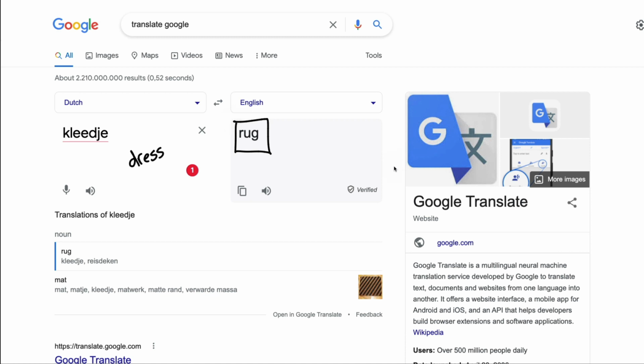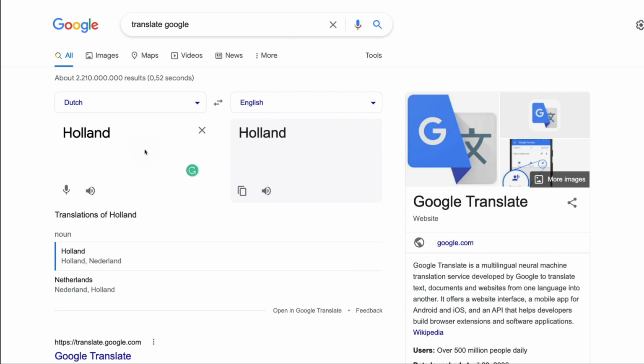And you might think, well, this will just be a couple of words where you have this interesting phenomenon. But if I were to type Holland, then you could wonder what it means. If a Belgian person were to refer to Holland, then they are typically referring to the Netherlands, which is a country.